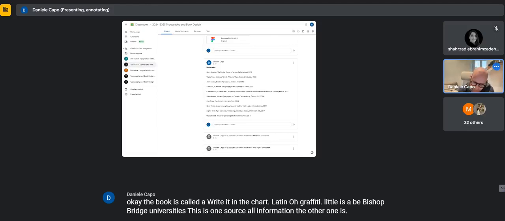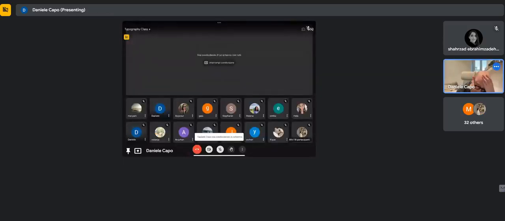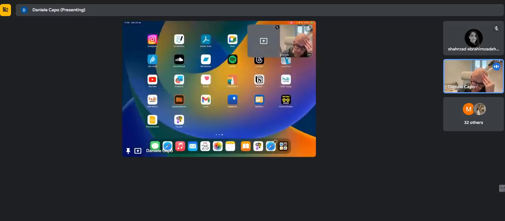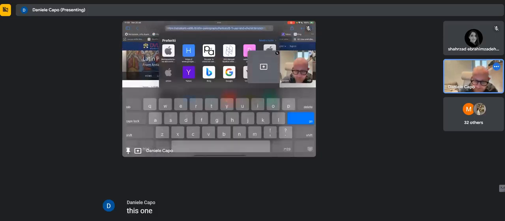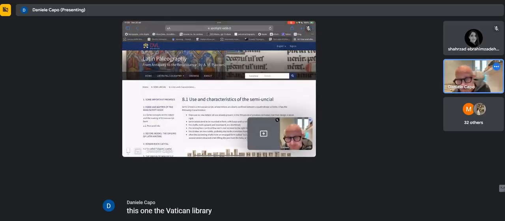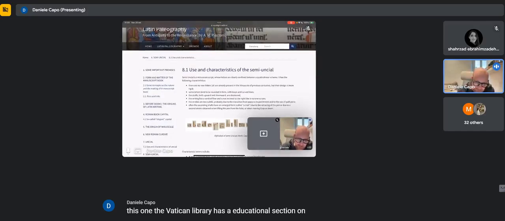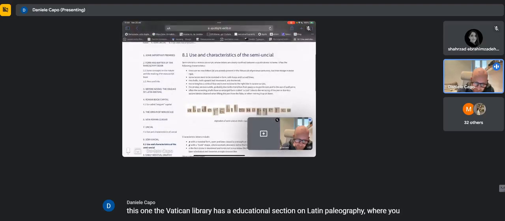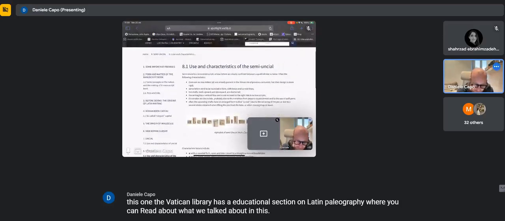The other one is this one. The Vatican Library has an educational section on Latin paleography, where you can read about what we talked about in these lessons here.